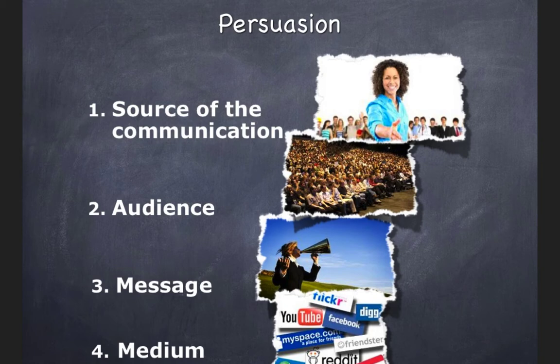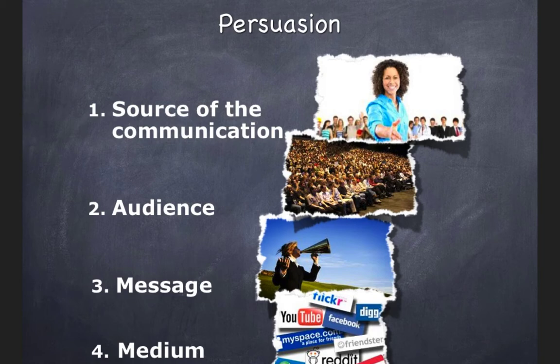So influence is increased when there's credibility, expertise, and trustworthiness, even attractiveness and likability as the source, so the spokesperson, if you will. If they're credible or perceived to be credible, they're expert or perceived to be expert, trustworthy or perceived to be trustworthy, attractive or likable, then that helps in the persuasion.